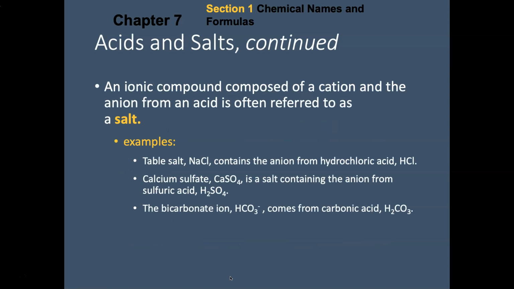Another type of compound that we've actually discussed in detail in this chapter so far is the idea of a salt. So the ionic compounds that we talked about so far that require a metal in the cation form and a nonmetal in the anion form or a polyatomic ion in the anion form are going to be referred to as salts.